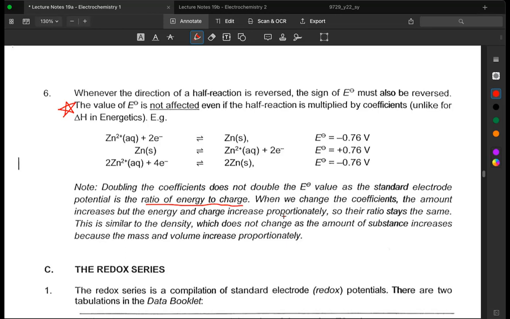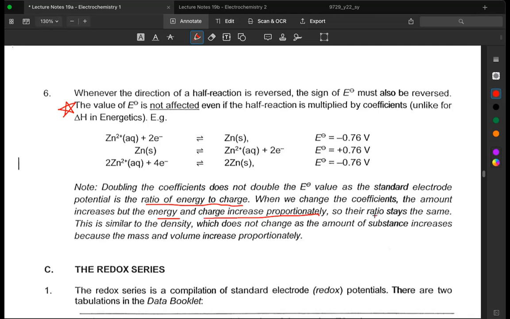When we change the coefficient, yes, the amount increases, but the energy also increases proportionally. When you increase the amount, the energy and charge increase proportionally. So the ratio is the same.